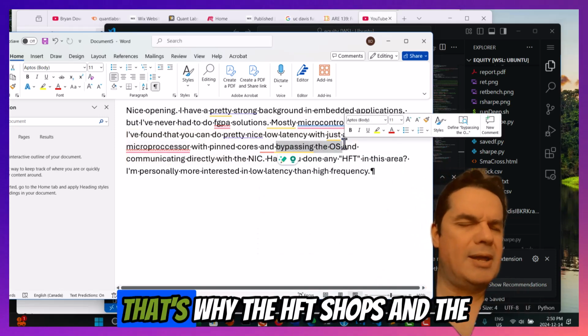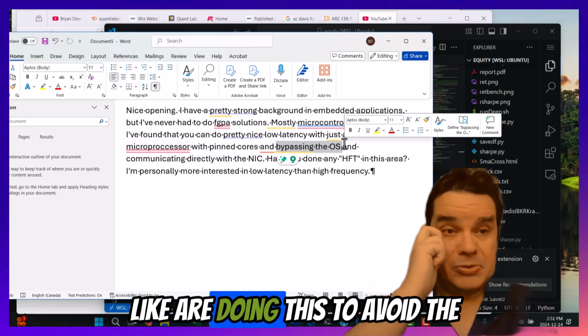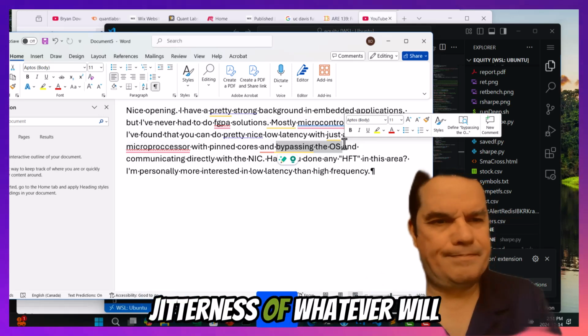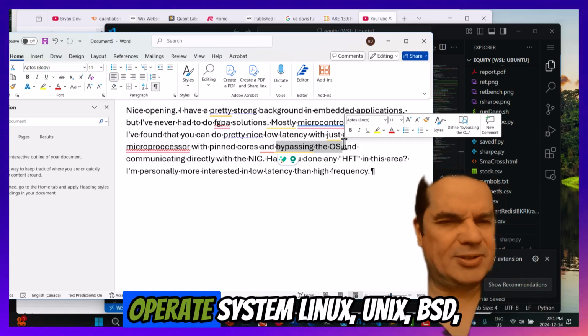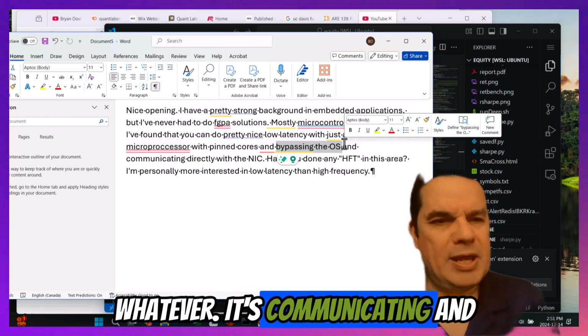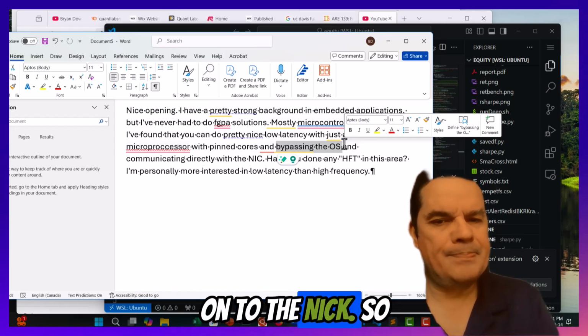But the key here again: a modern microprocessor with pin cores and bypassing the OS. That's why the HFT shops and the like are doing this, to avoid the jitteriness of whatever operating system, Linux, Unix, BSD, whatever, and communicating and bypassing that and going right onto the NIC.